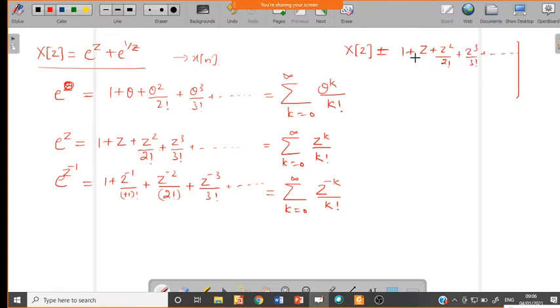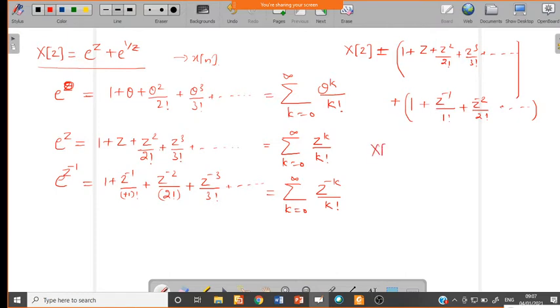This is for e power z, and similarly for e power minus z, you will get 1 plus z inverse by 1 factorial plus z power minus 2 by 2 factorial, like that. Okay, so this is for e power minus z.